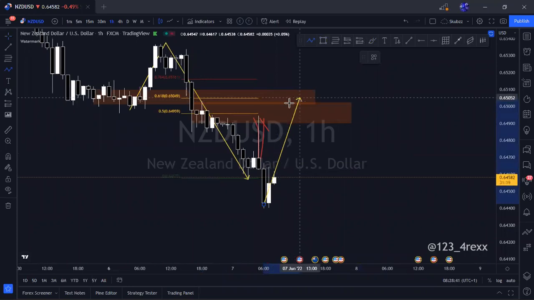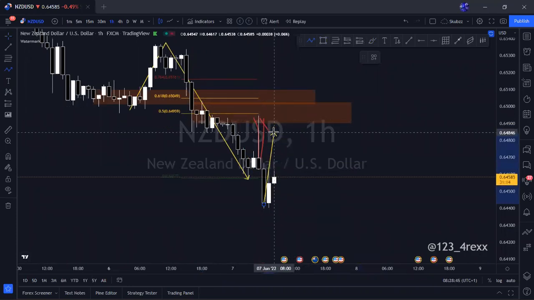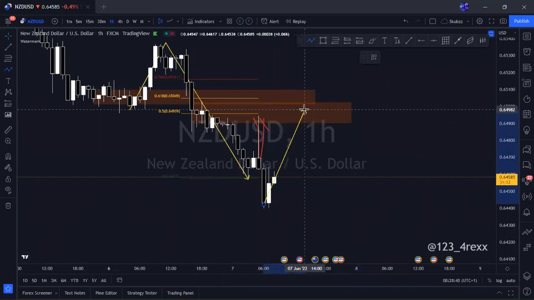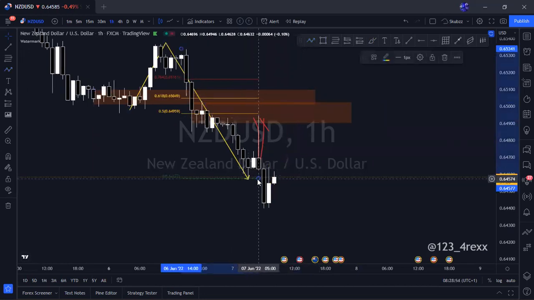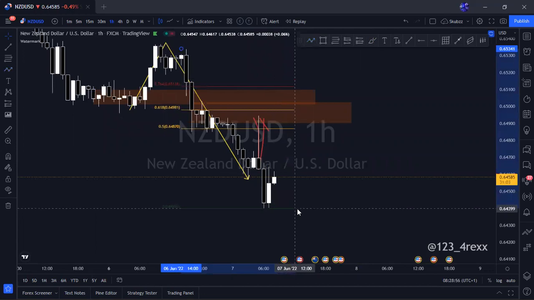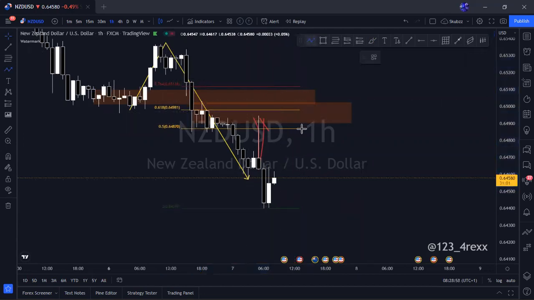I like calling them candlesticks that bluff. I would like to see a deeper pullback into these areas. Let me drop my fib from the stop to get the exact point. I would like to see price come back into these areas.